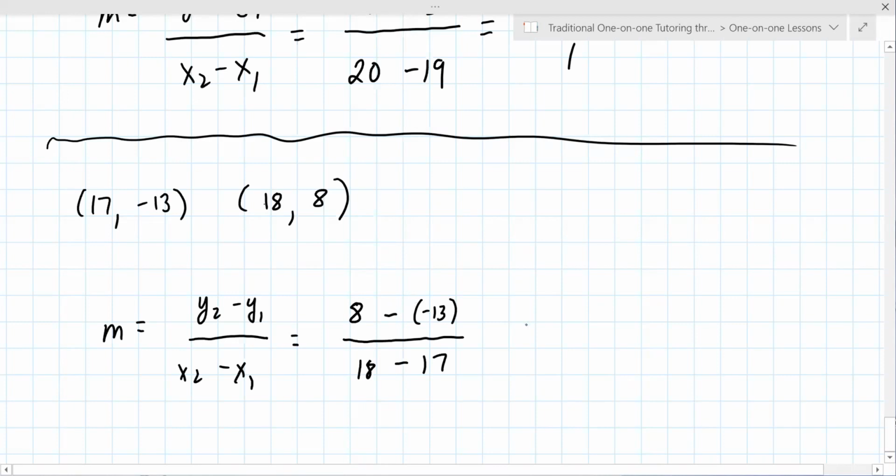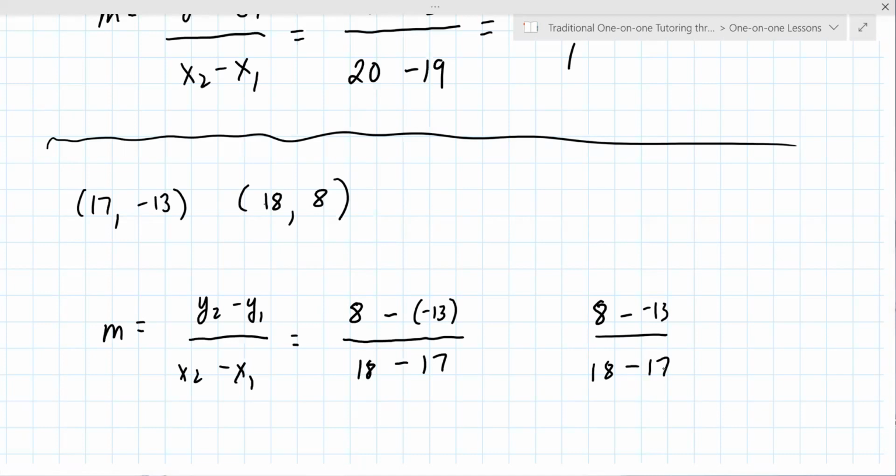So it would be okay to do 8 minus negative 13 over 18 minus 17. So two negatives make a positive. Do you remember that? So what is 8 minus a minus 13?